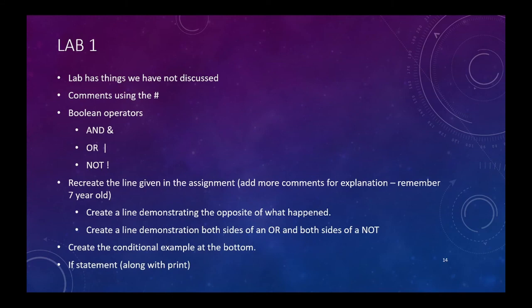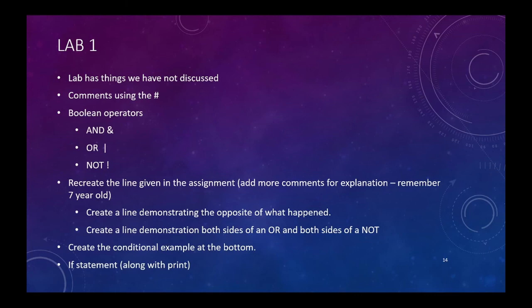I believe Boolean operators are in chapter 5 in the book that's linked in eLearning, not the textbook that we've been using, but that additional resource book. It's free, it's online. An and is an ampersand, an or is a straight line up and down, which is right above your enter key, and the not is the exclamation point.